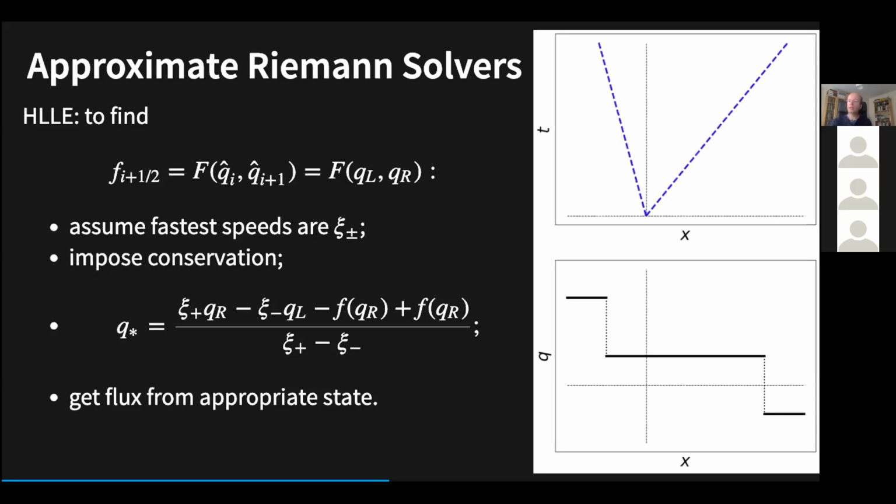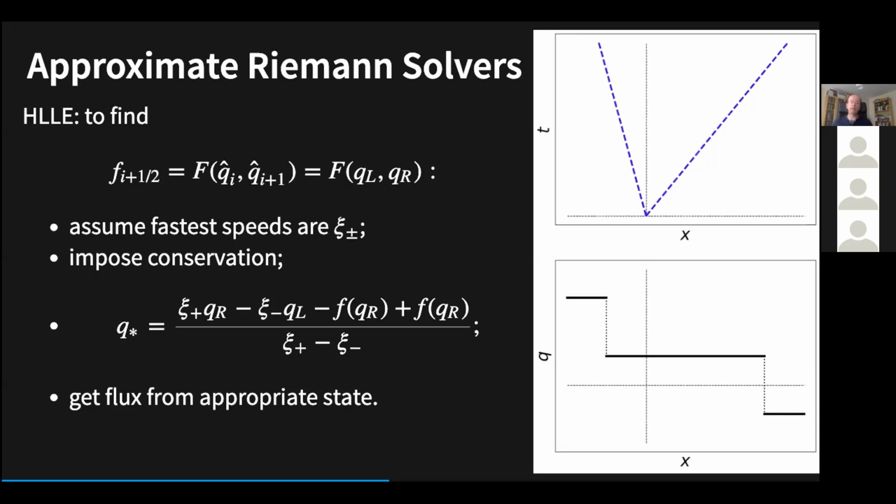So the HLLE method has some very nice properties. It's cheap to compute in comparison to the exact solution for any sizable system. For relativistic hydrodynamics, using HLLE can be between hundreds and thousands of times faster than the full exact solution to the Riemann problem. It's fairly cheap in part because we tend to use simple approximations for the characteristic speeds.